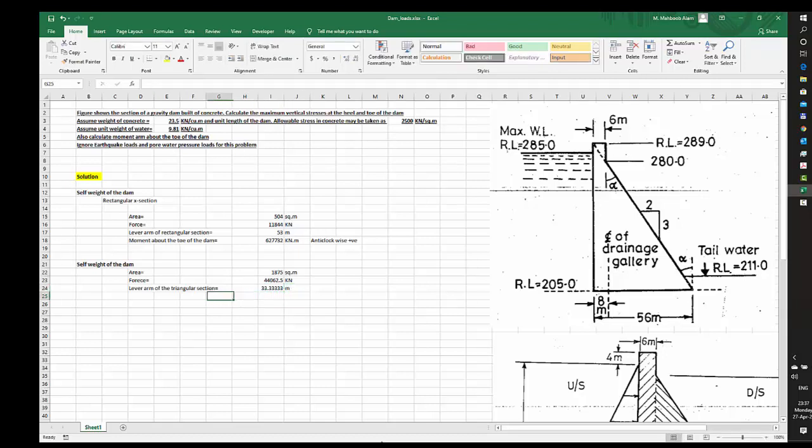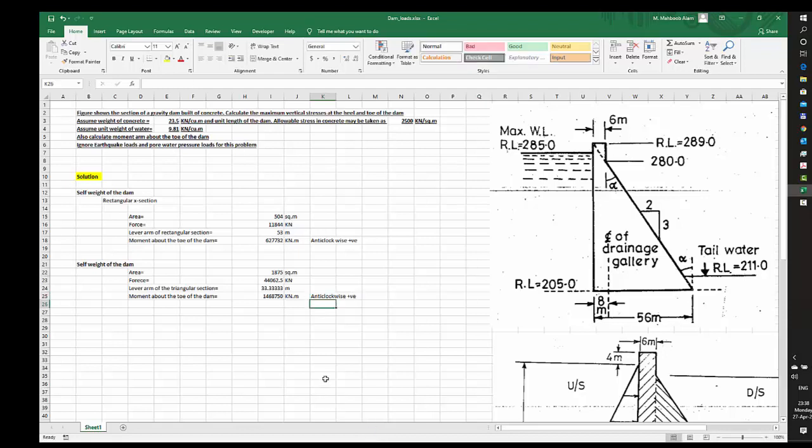To calculate the moment about the toe of the dam, I just have to simply multiply these two values. It is equal to this multiplied by this value, and I'll get the moment generated by the self load of this triangular section. Again, this is anti-clockwise, and I'm assuming that anti-clockwise is positive, so this is what we are getting.